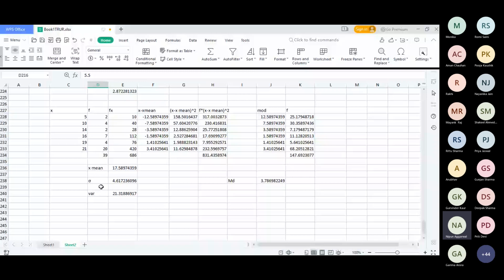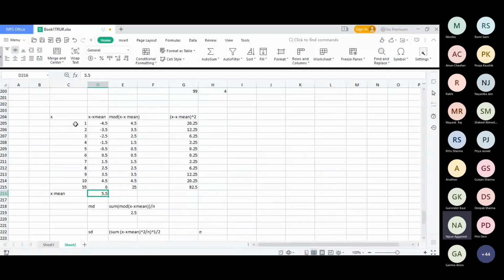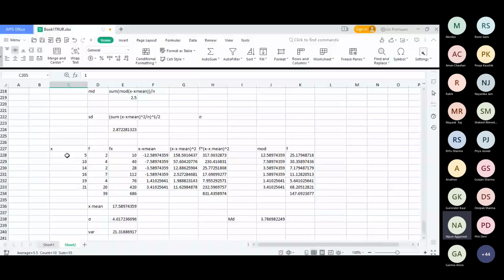The advantage of this method is that the answer will remain the same, but we don't need to calculate the mean separately. In the formula itself, the mean is calculated internally. So let's do that. This is the data for individual discrete, and we're doing it for group discrete only, because individual discrete does not have its own small formula, so we can do it with the group discrete one.